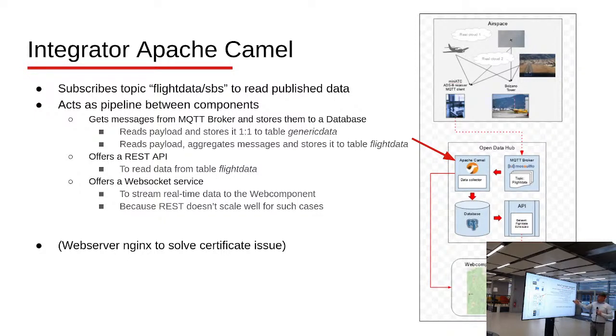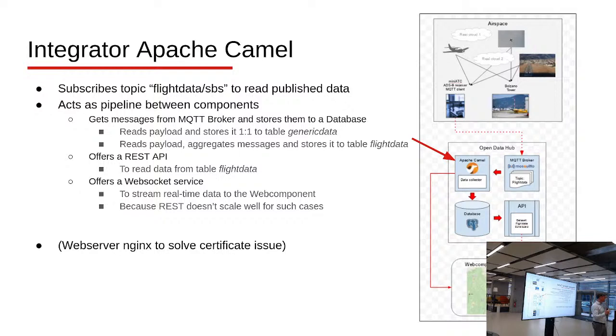And WebSocket, we activated the WebSocket interface as well, because REST doesn't really scale for such applications. When you get this data onto a web component, as we see afterwards, and you have a website with 1,000 visitors, you have 1,000 REST calls on your API in this second, and that's with polling, because the planes have to move on a map, like in Flight Radar.